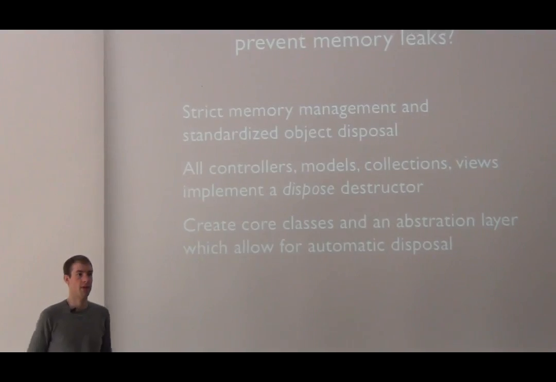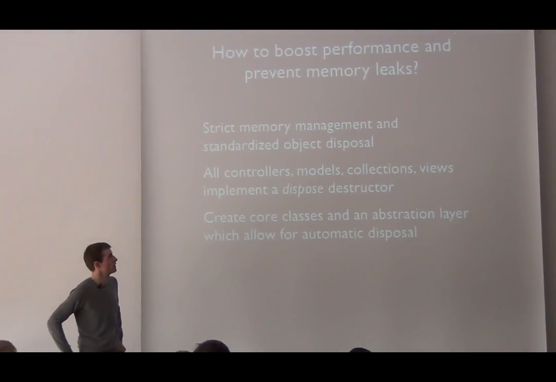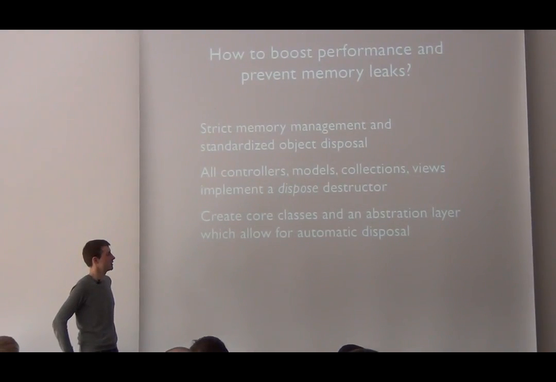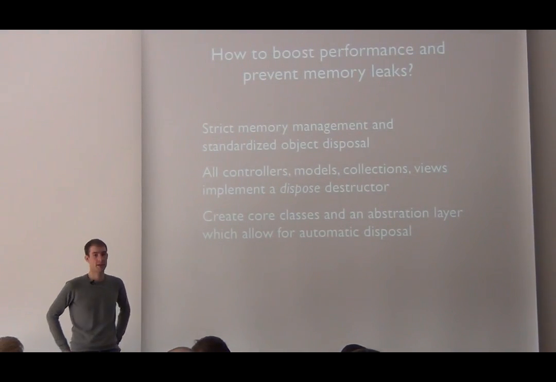Yeah, and so we do not want to think about object disposal and memory leaks when we are writing the application. So that's why we wrote these core classes that have standard dispose methods which mostly handle the normal cases.